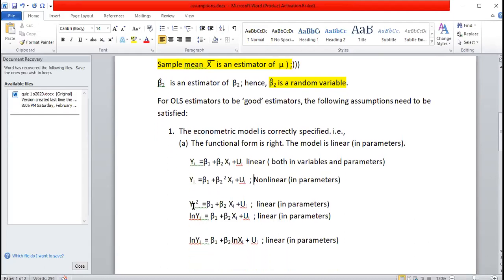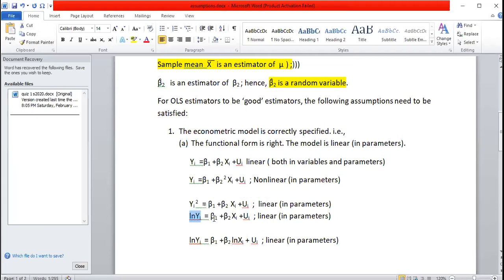Here is another one. Y square equals beta 1 plus beta 2 xi plus ui. This is not linear in variables, but this is linear in parameters. Can you do OLS on this? Yes, you can do OLS and you can get good estimators. How about this?